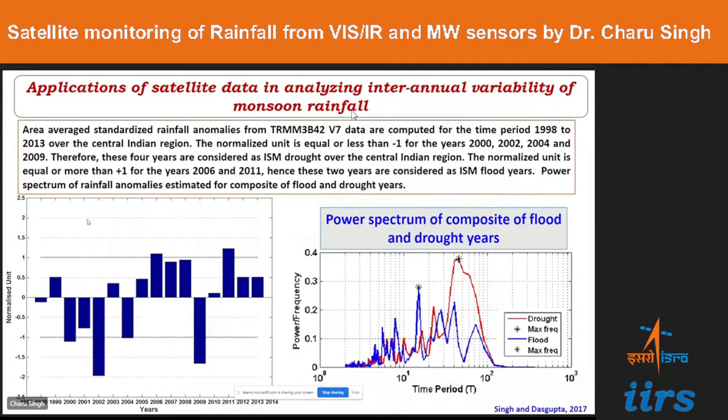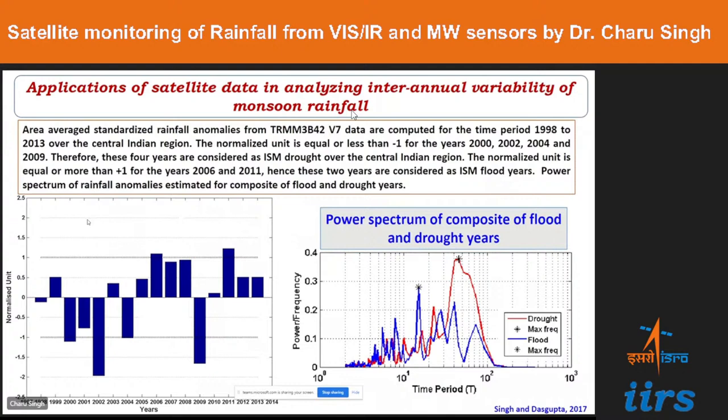So I start with the interannual variability. Here the TRMM data set, that is the TRMM 3B42 version 7 data set, has been used for the estimation of interannual variability of monsoon season rainfall over India. On the left hand side, the standardized normalized precipitation anomalies are shown.